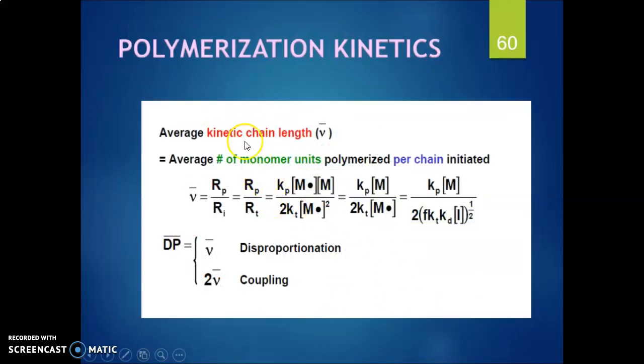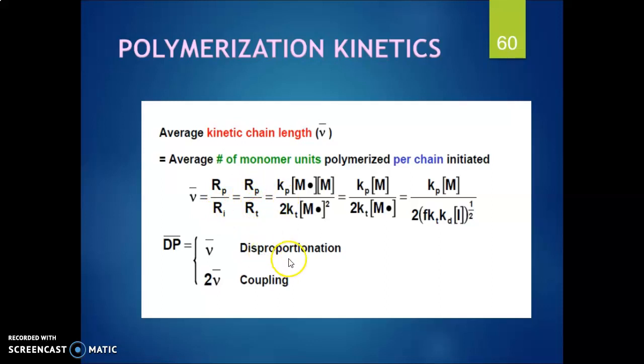This is the average kinetic chain length. The question also sometimes asks you what is the kinetic chain length. It is represented by this symbol. So you can use this equation, either Rp over Ri or Rp over Rt.